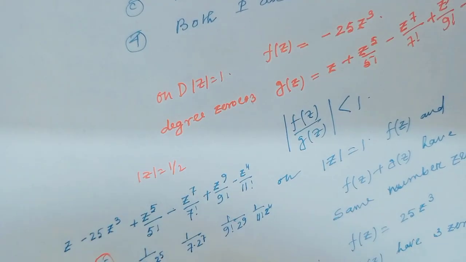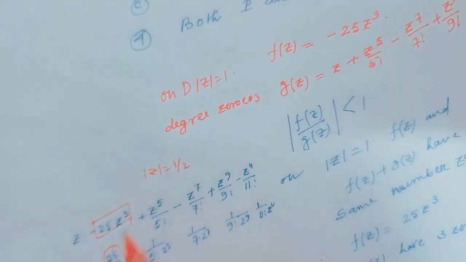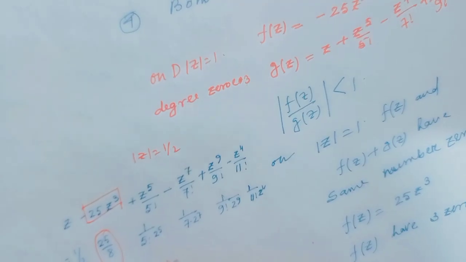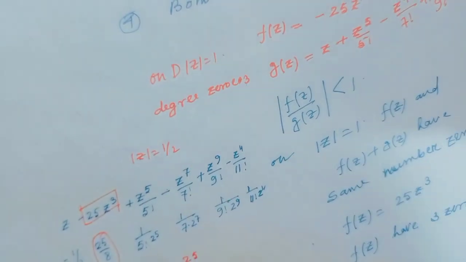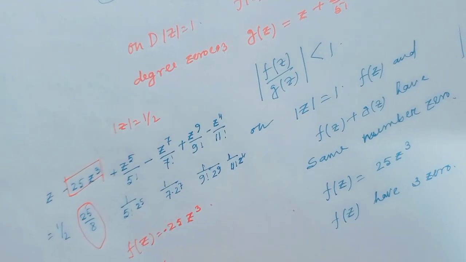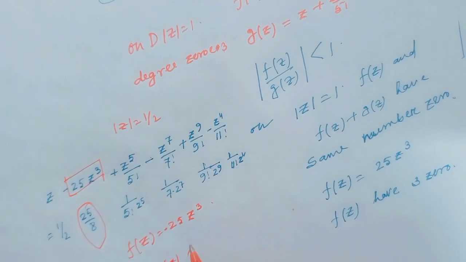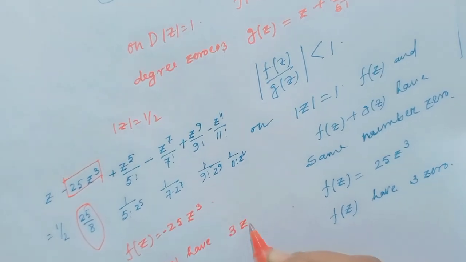Therefore, since the maximum term is this, f(z) equals minus 25z cube, and f(z) has, similar to before, 3 zeros.